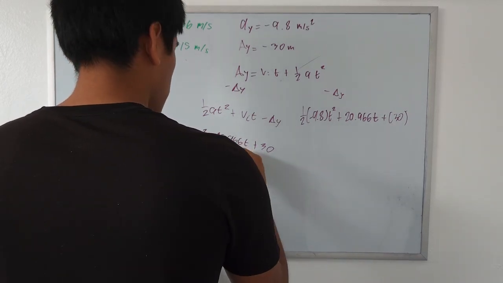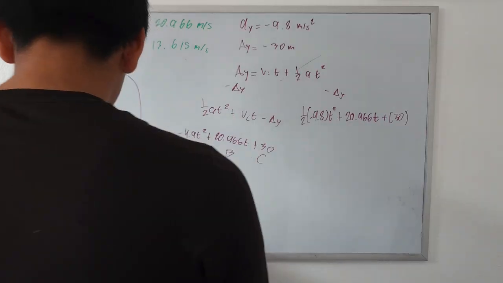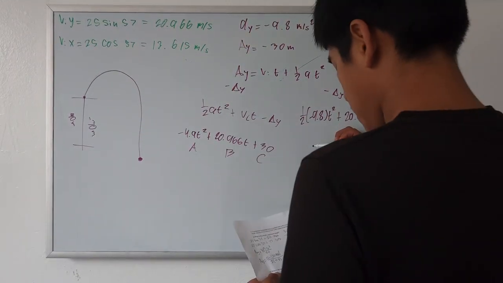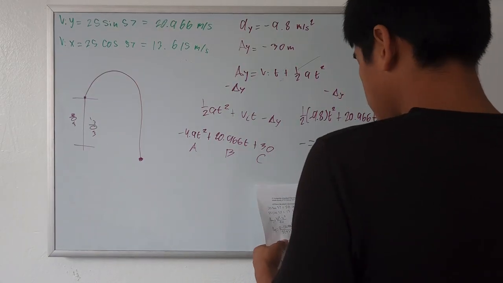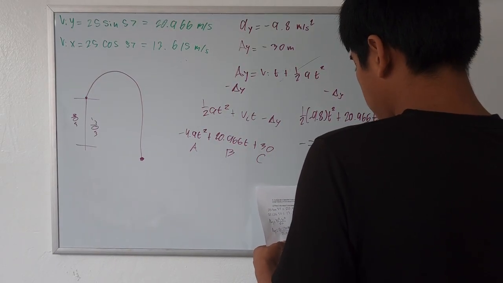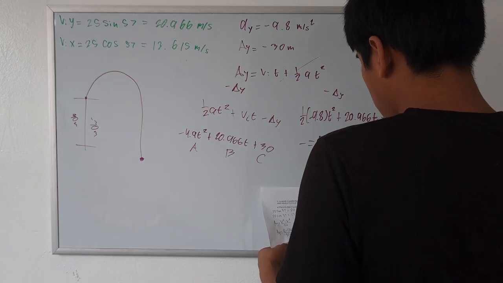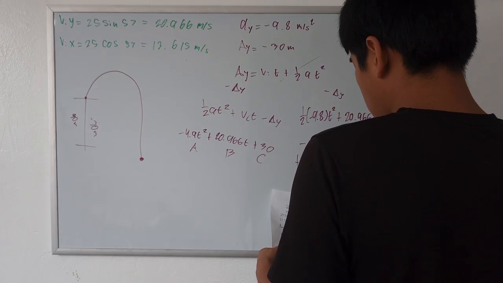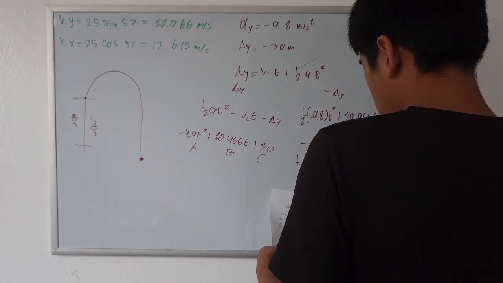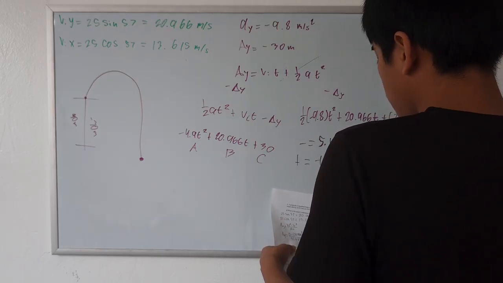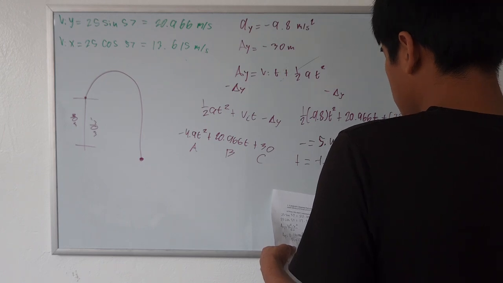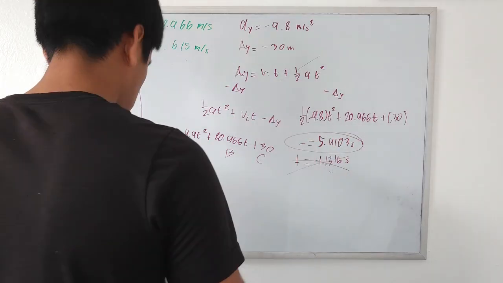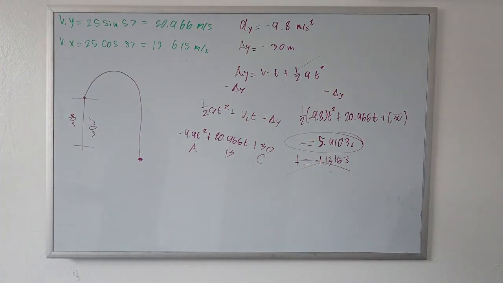This is going to be your A, that's your B, and that's your C. Plugging that into the quadratic formula, for negative B minus, you're going to get 5.4103 seconds, and for plus, you're going to get negative 1.1316 seconds. Since time can't be negative, we're going to cross that one out and go with this one.